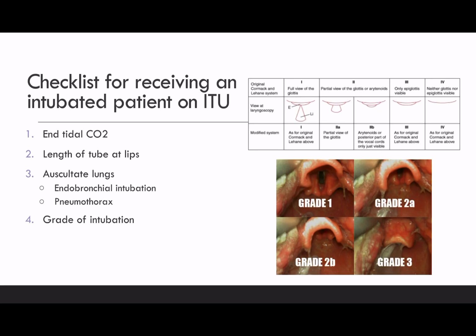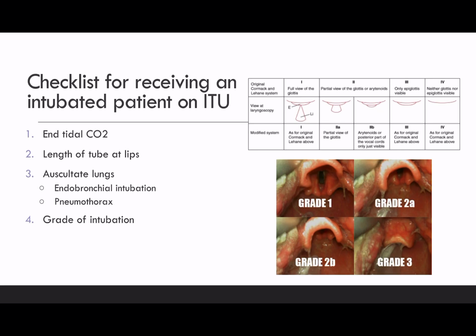For a normal adult, the length of the tube at the level of the lips should be between 19 and 24. Now, it obviously varies depending upon the height of the patient, the length of the neck, and whether the tube is curled at the back of the mouth.